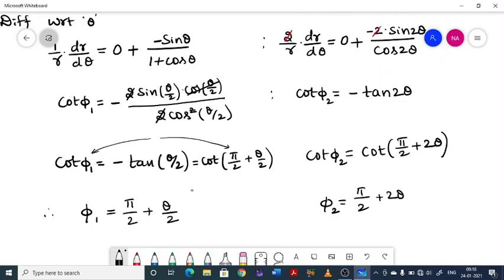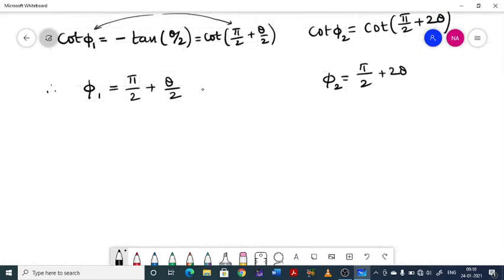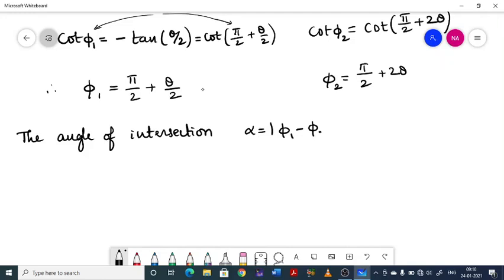Now, the angle of intersection alpha equals, we have the formula, alpha equal to modulus of phi 1 minus phi 2, right?